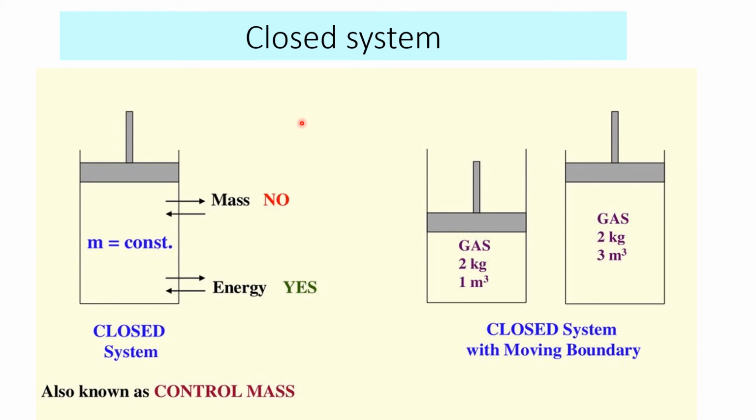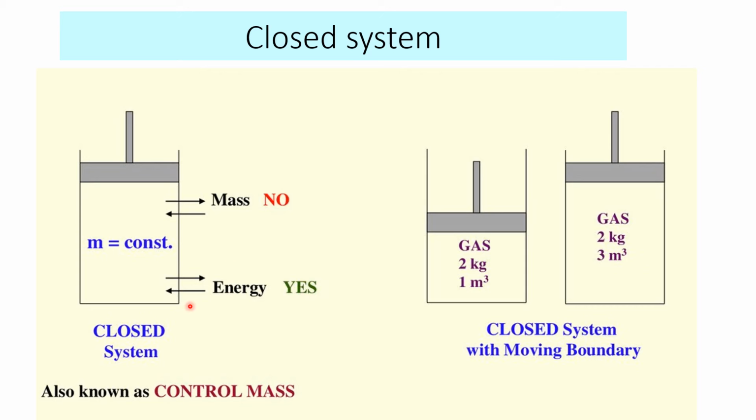Again, the systems are classified into mainly three types. One is the closed system, second is the open system, and third is the isolated system. A closed system consists of a fixed amount of mass and no mass can cross the boundary of the system. That is, no mass can enter the system and no mass can leave the system.